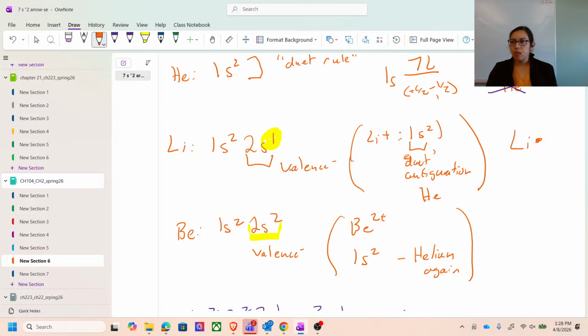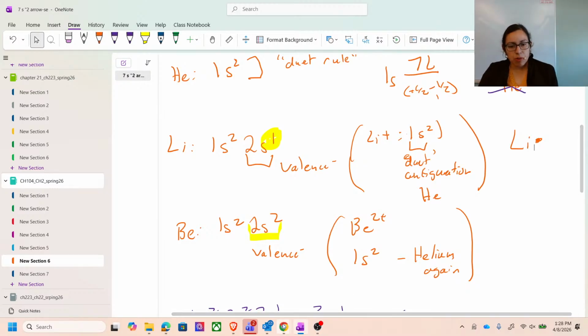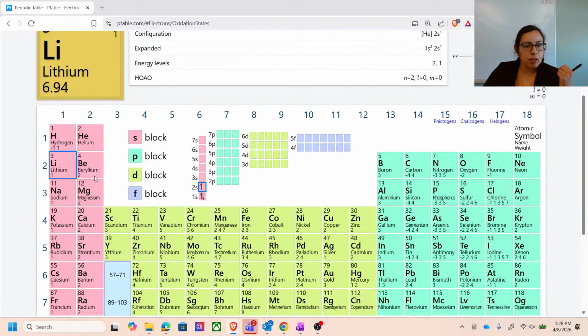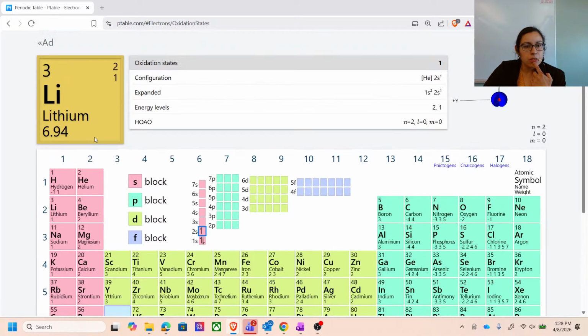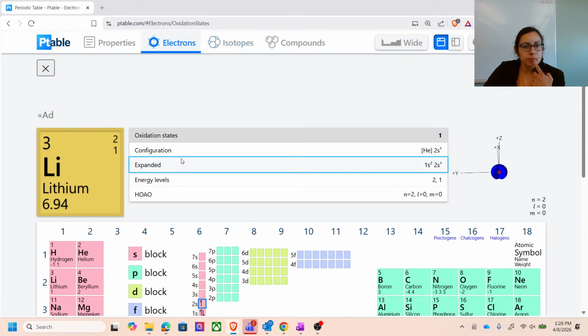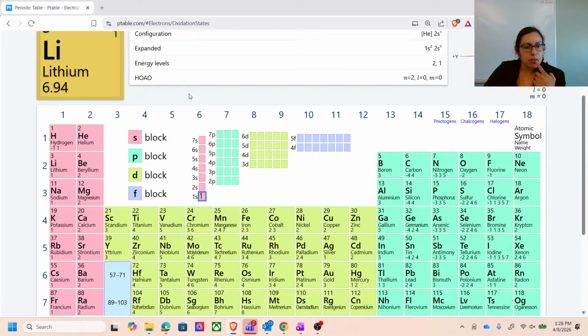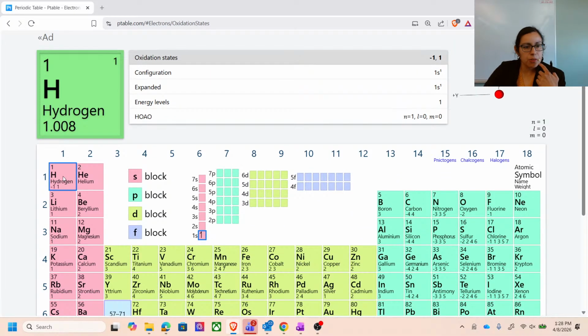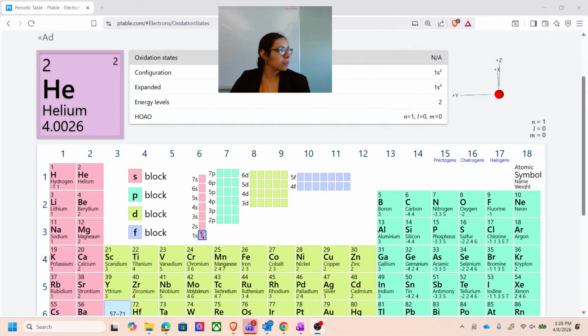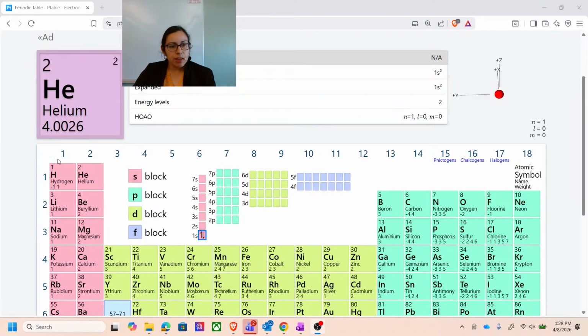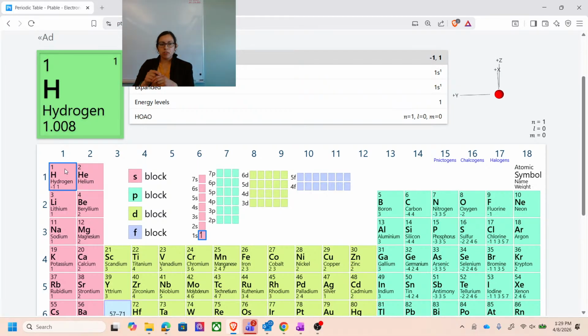Yeah. Because you're just filling up, and this is where the periodic table has good graphics. If we look at trying to show our energy levels, this is what I'm looking for. If we click on hydrogen, oh, my camera's covering it up on the stream. So if we click on hydrogen, it just shows a little ball there, showing its orbitals.